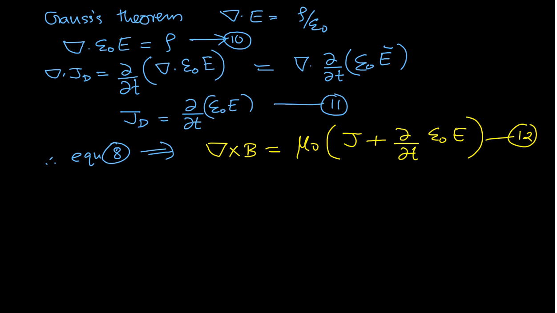In the second term we can put epsilon 0 outside. The term epsilon 0 dou E by dou t is called displacement current.